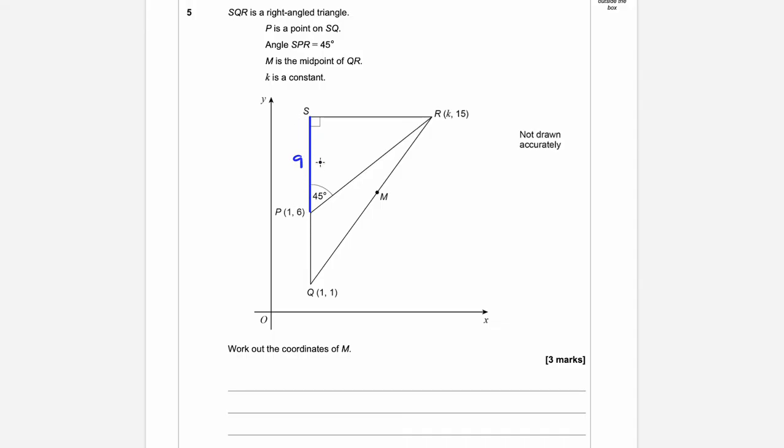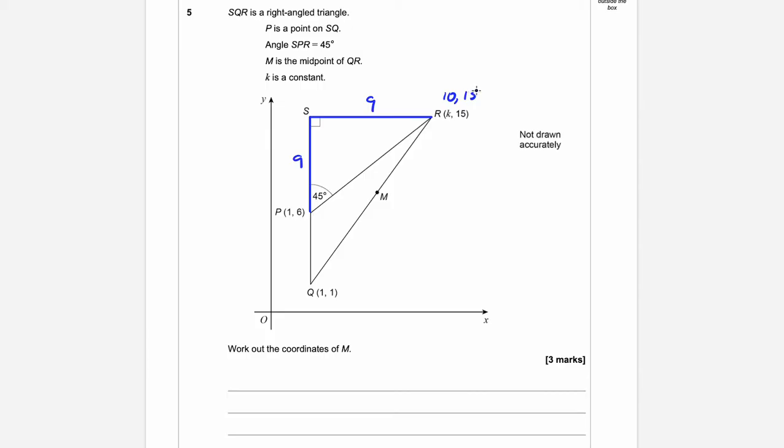Now if this distance is 9, because that's 45 degrees, this distance must also be 9, because 45 degree angle means that the rise over the run is the same. If you like, it's a gradient of 1. It's like the perfect diagonal. So this is 9, which means this is 9. And if this is 9, k must be 10, because it's just 1 plus 9 is 10.